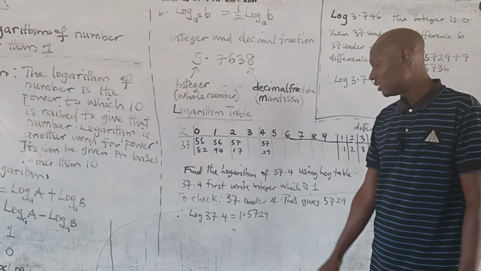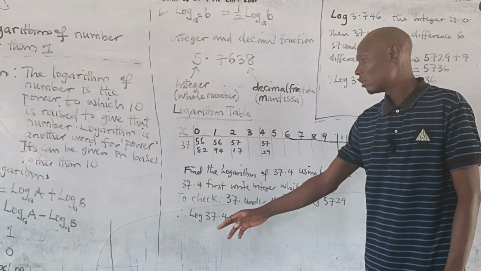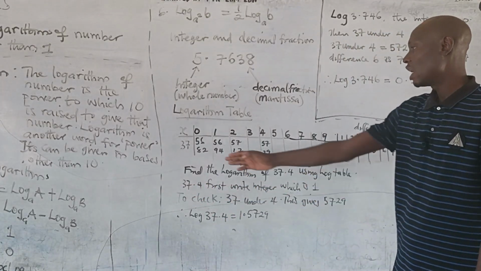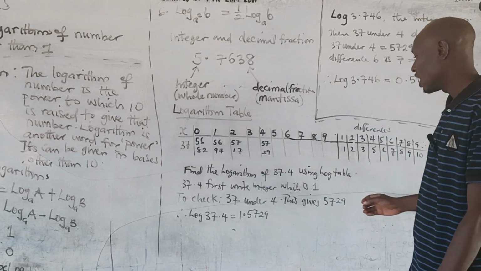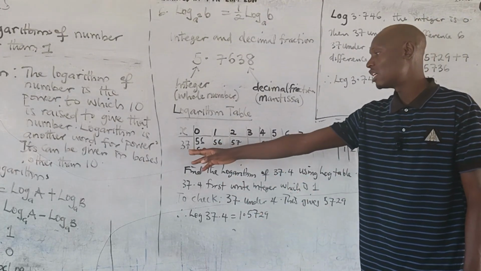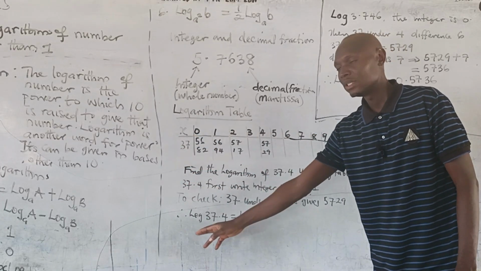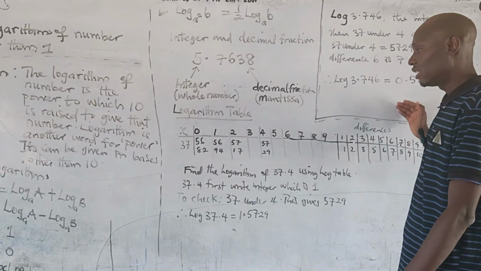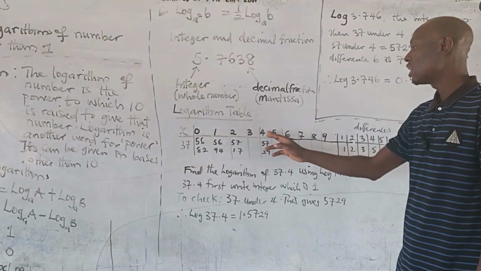Now to check this in a log table, we are going to check 37 under 4. From this table, we have 37 here, and we have some numbers under this column. So let's check 37 under 4.